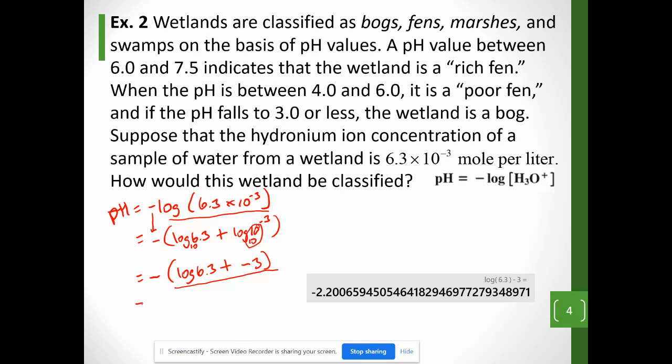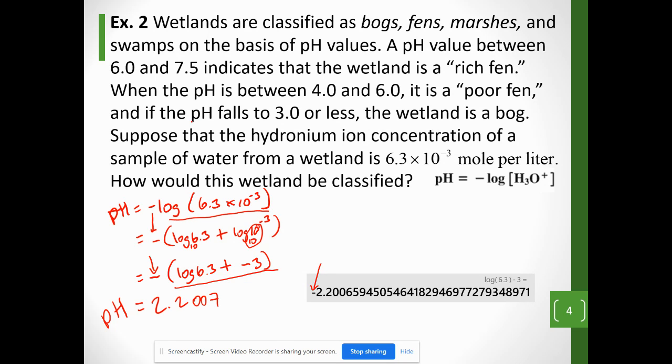Now, because of this negative on the front and this negative on my logs, negative of a negative becomes positive. My pH is about 2.2007, which is less than 3, right?